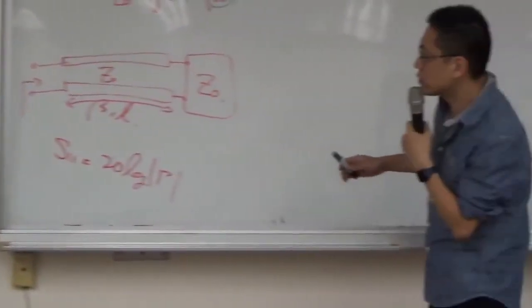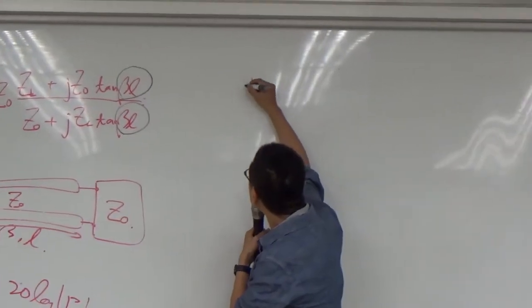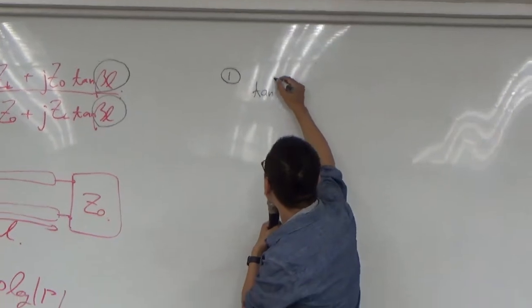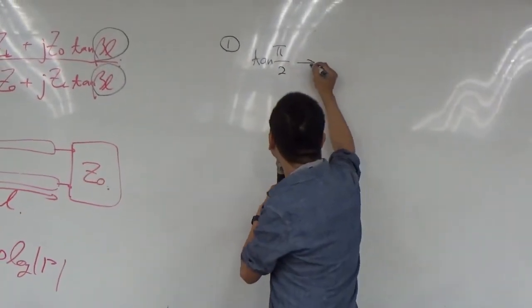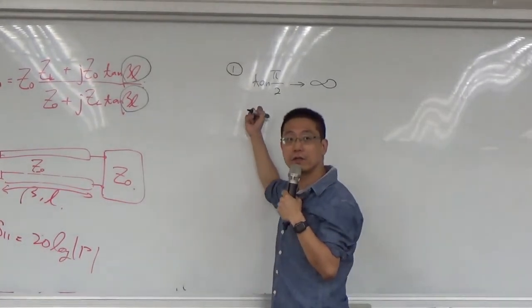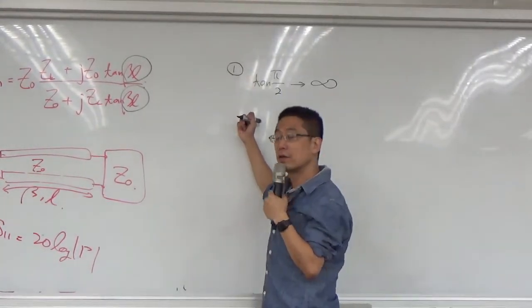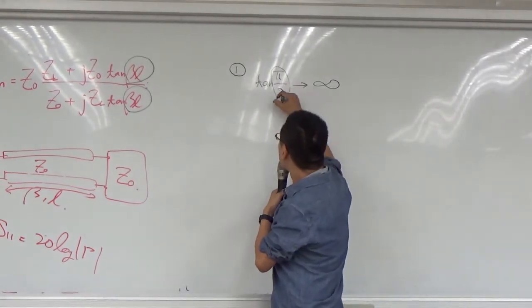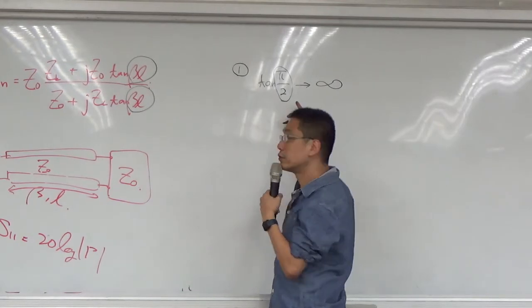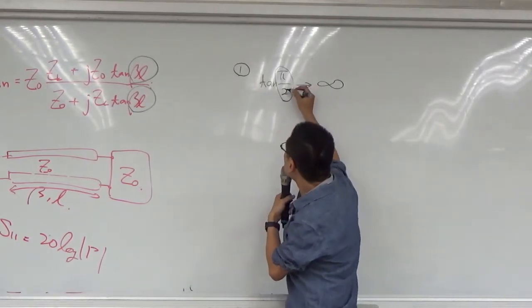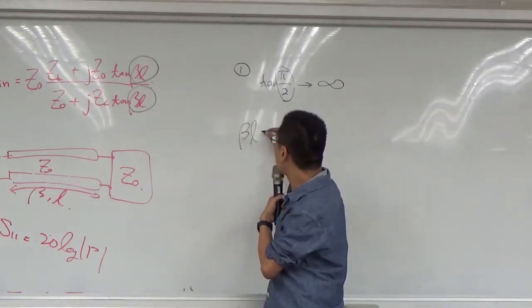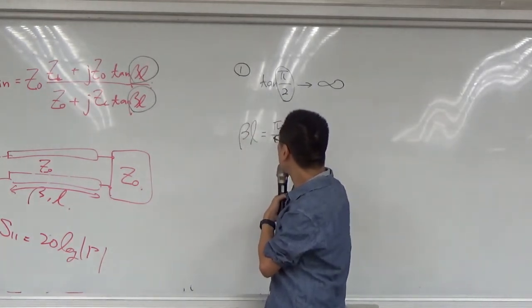For the case tangent pi over 2 goes to infinite, if theta equals pi over 2, which means beta L equals pi over 2.